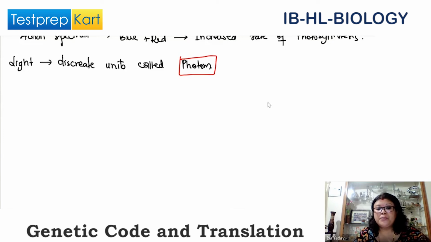In every plant cell, there are structures called chloroplasts.